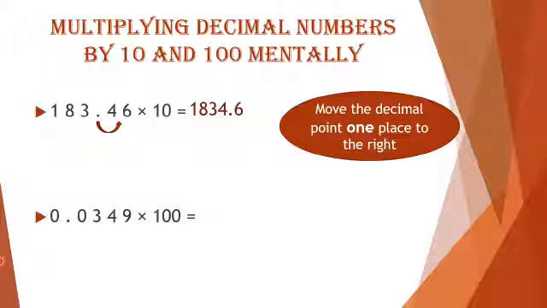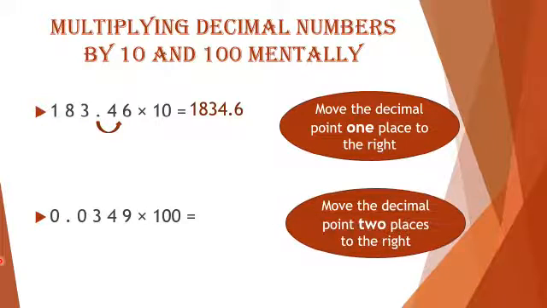If we have 0.0349 times 100, I'm going to move the decimal point 2 places to the right since I'm multiplying by 100. 1, 2, and the answer will be equal to 3.49.